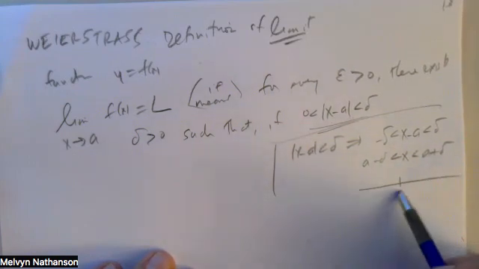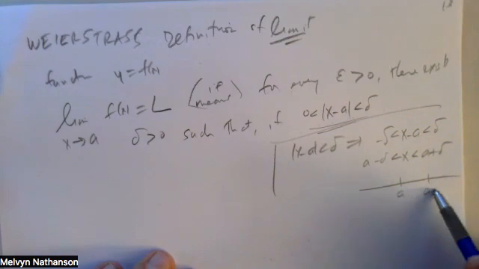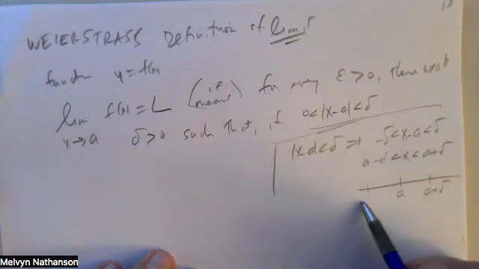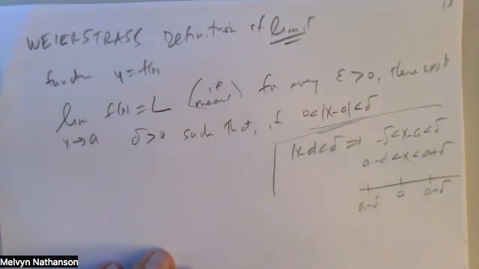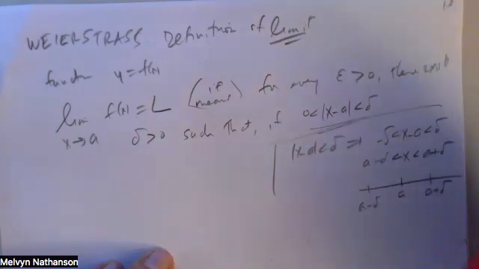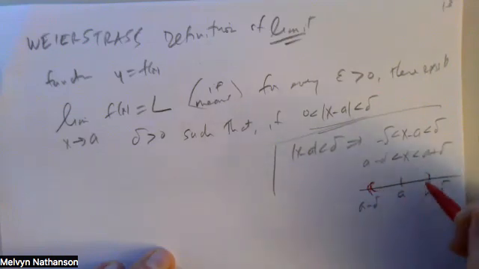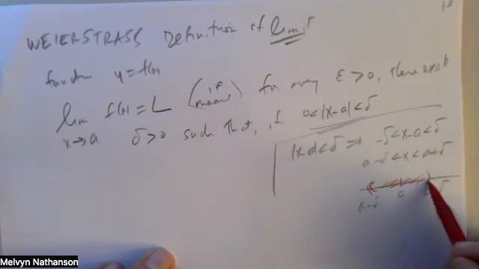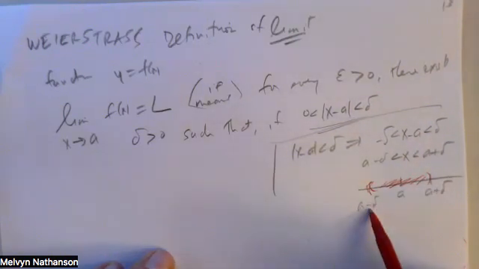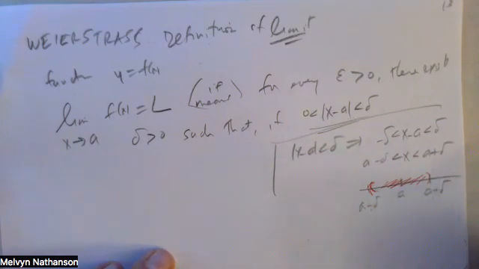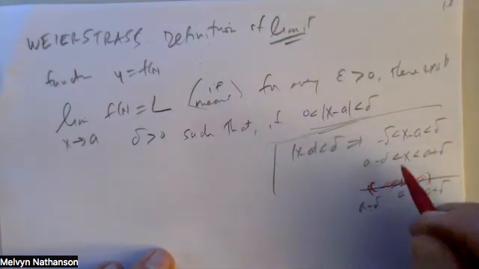So on the number line, this is a, and this is a plus delta, this is a minus delta, then x is somewhere in the open interval bigger than a minus delta and smaller than a plus delta, but not equal to a.